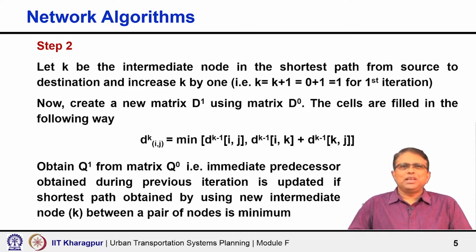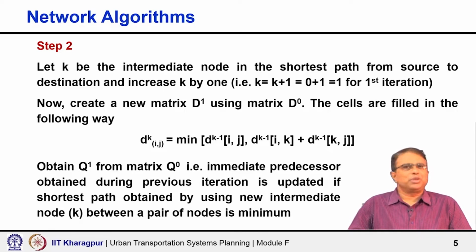Whatever the k value, since it is 1 now, we are trying to get a distance matrix, which will be the D1 matrix, and also the Q matrix, which will be the Q1 matrix. So how to get the D1 matrix? Generally, if I am trying to get d k i j, k in the first iteration is obviously 1, but generally d k i j is the minimum of two values.